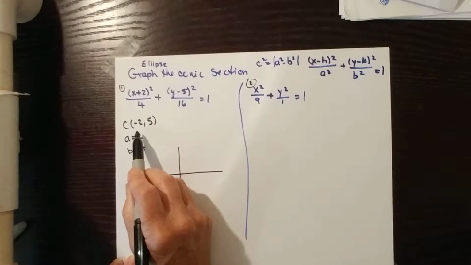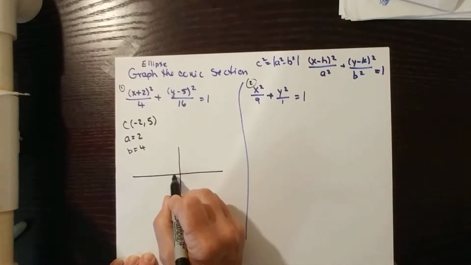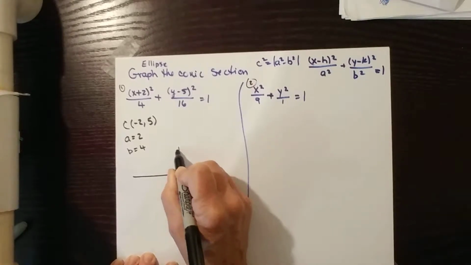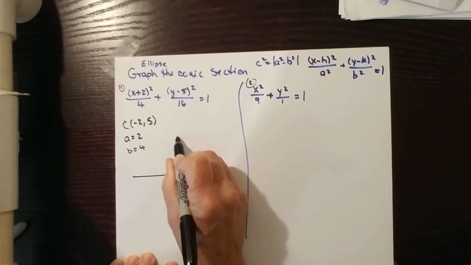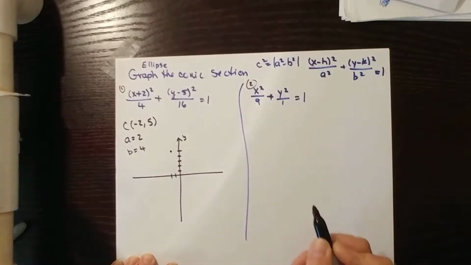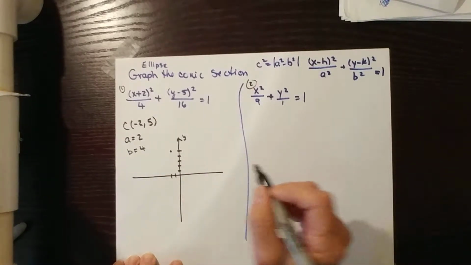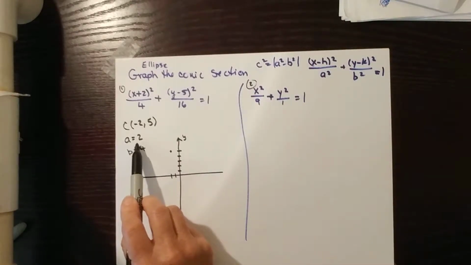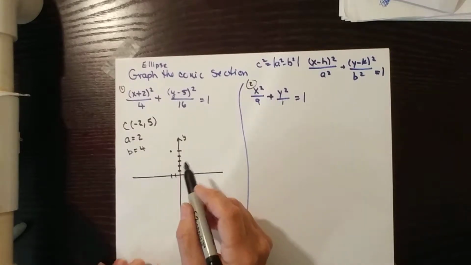Everything's based off the center point, so let's go there. -2, up 1, 2, 3, 4, 5. This is my y-axis. So -2, 5 right here is the center. Okay. Then we always go left and right a units to find some points on our ellipse.